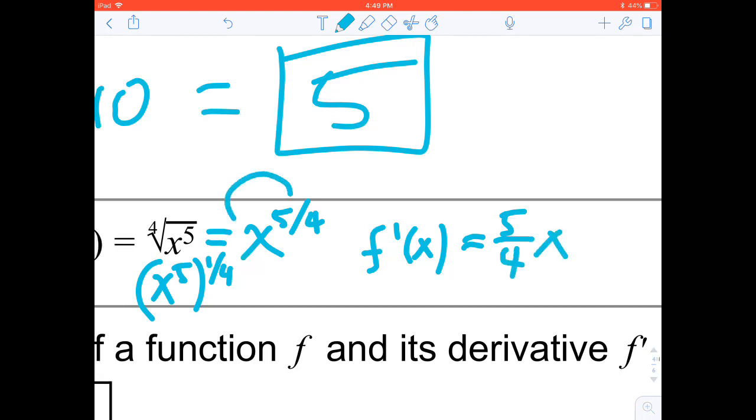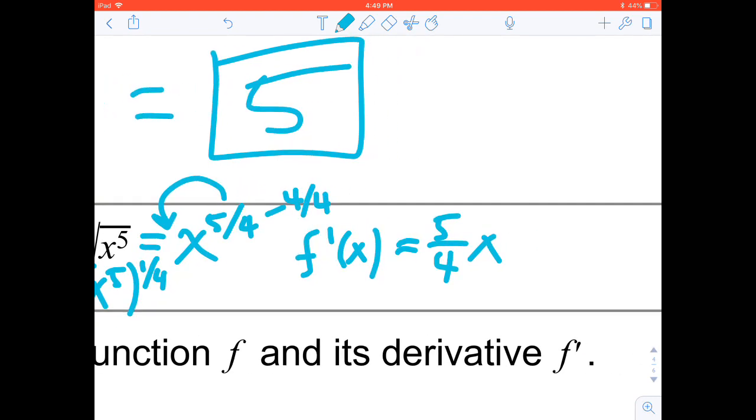So this becomes 5/4 x. I take this 5/4, multiply it to the front, so that's where I got that 5/4, and then I need to subtract 1 from the degree there. So 1, I can think of it as 4/4, just to get a common denominator, so that's going to give me 1/4. So my answer is 5/4 x to the 1/4.